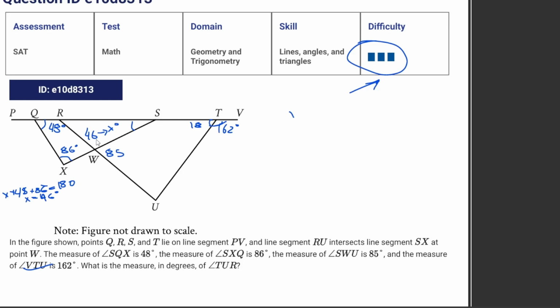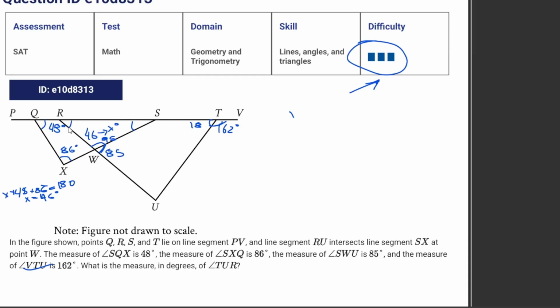So we already know that this angle right there completes this triangle. We can also find out, using our supplementary angle knowledge, that this angle right here has to be 95, because if you look here, 85 plus what makes 180? That's right, 95. And we just made another two legs of the triangle right here.